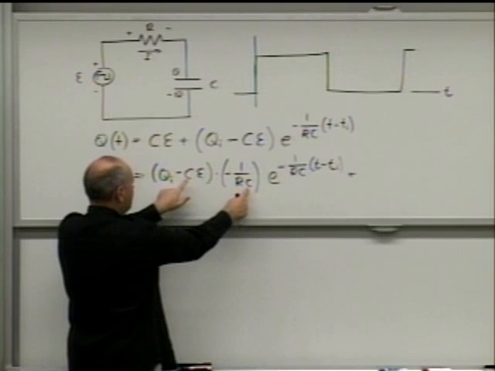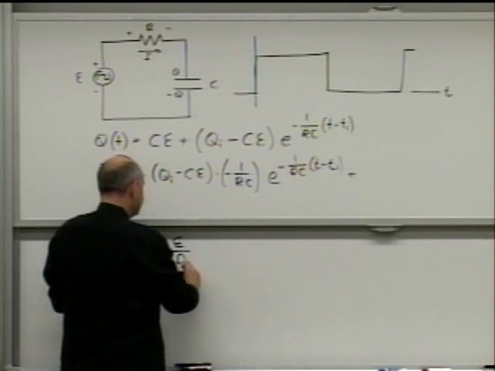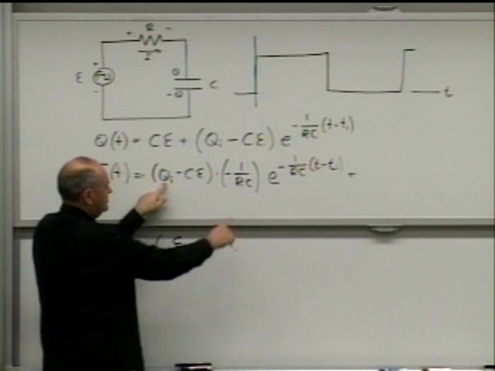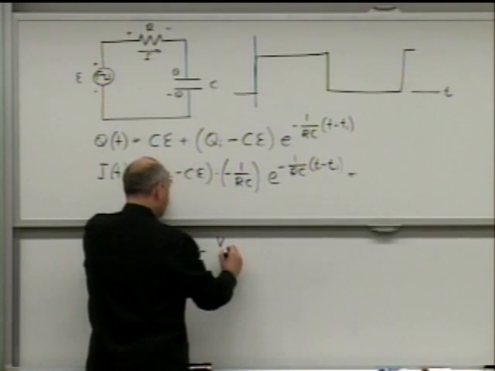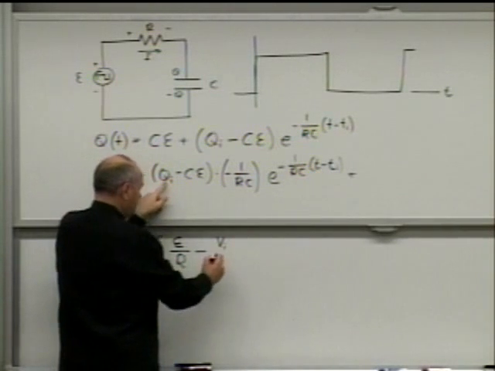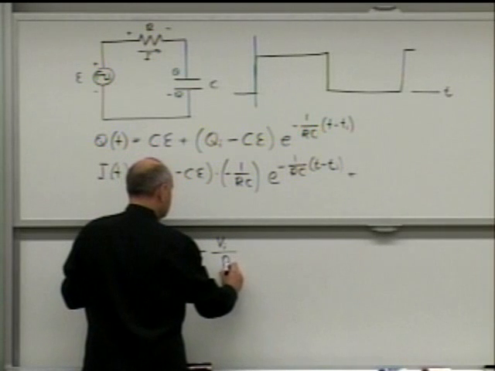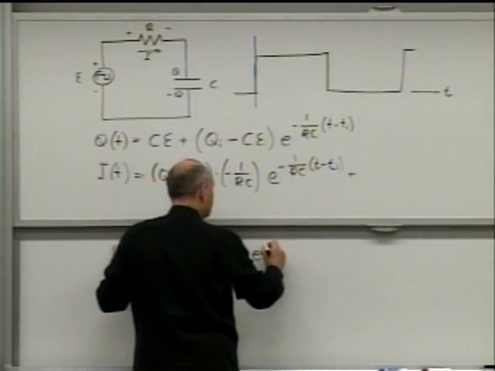So capacitance and capacitance here cancel, so I will have electromotive force divided by resistance minus, now initial charge divided by capacitance of the capacitor gives me initial voltage across the capacitor divided by resistance, and then I have this exponential function.